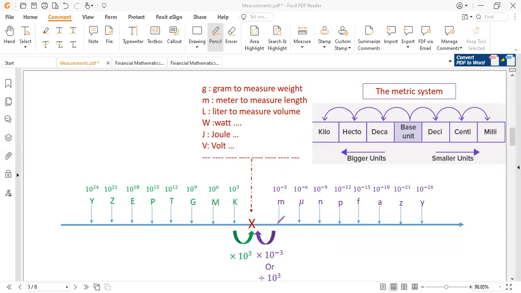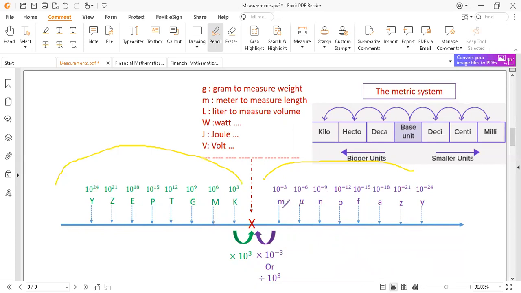We should know that the larger is located on the left hand side, like kilo, mega, giga, etc. And the smallest prefixes or units are located on the right hand side of the base unit.